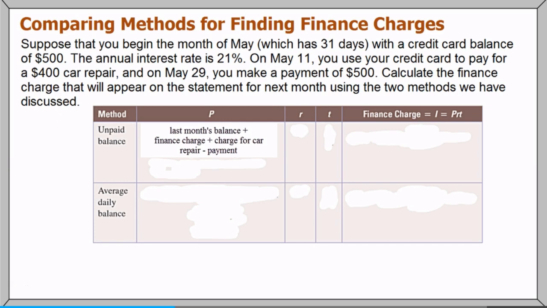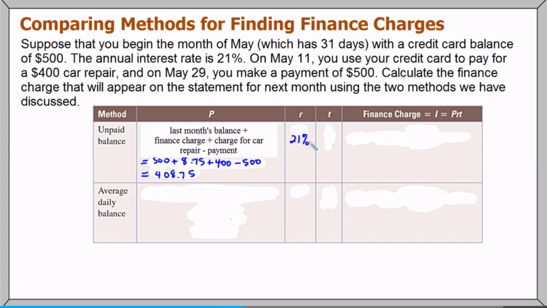For the unpaid balance method, P is found by adding last month's balance, the finance charge, and the charge for car repair, then subtracting the payment made. We have 500 plus 8.75 plus 400 minus 500, which is equal to 408.75.